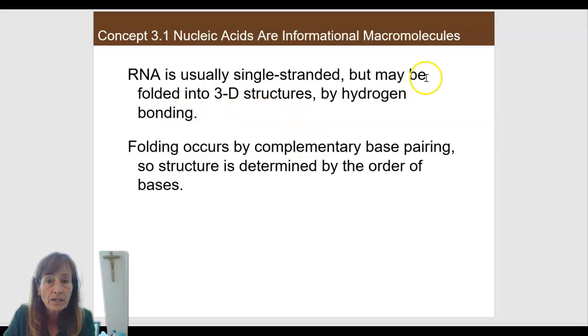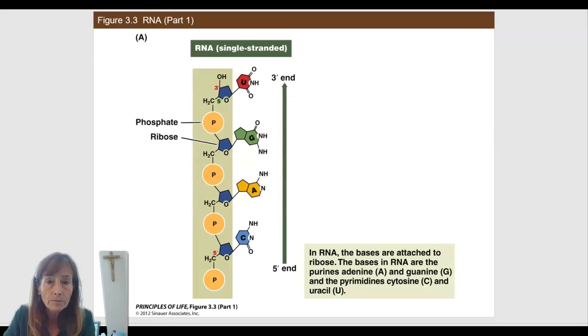RNA is single-stranded, but will fold, and we're going to see how this folding occurs by certain base pairs coming together. So here's a strand of RNA. It's a single strand with each of these monomer units just attached to one another. In this case, it'd be very few of these nucleotides joined.